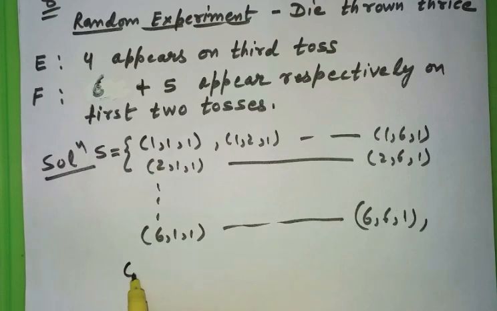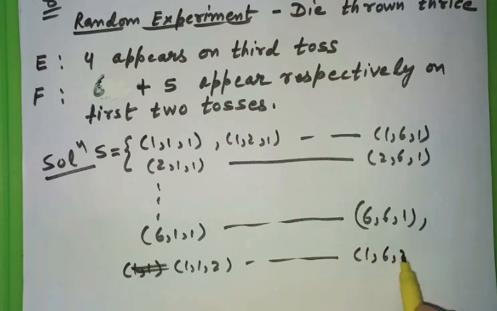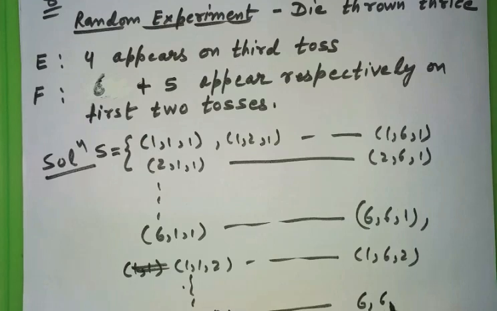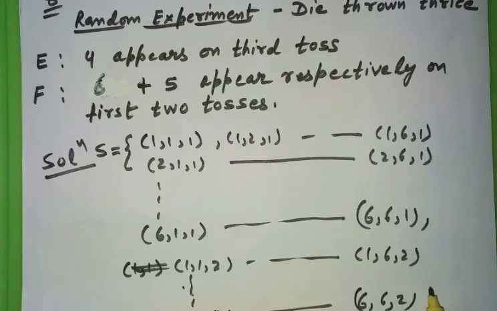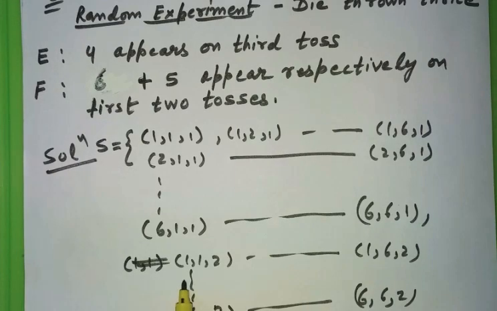Then I will pair all these 36 cases with 2. So 1 1 2 till 1 6 2 and on. That means the last one will be 6 1 2, 2 6 6 2.